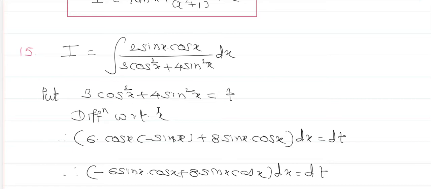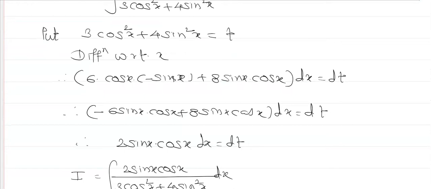Its derivative is 4 into 2, 8, sin x into the derivative of sin x, which is cos x, into dx, is equal to dt. So here we have minus 6 sin x cos x plus 8 sin x cos x dx. Minus 6 and plus 8 will become 2. Therefore 2 sin x cos x dx is equal to dt.